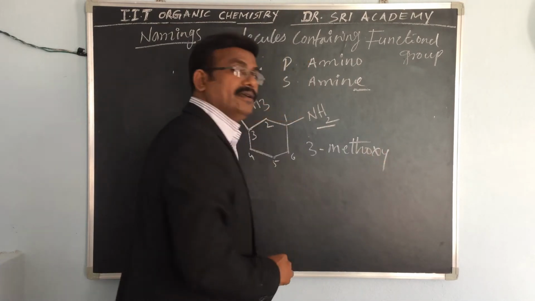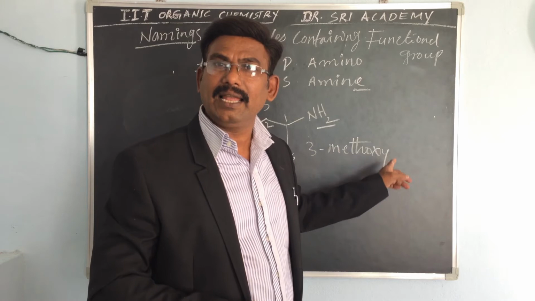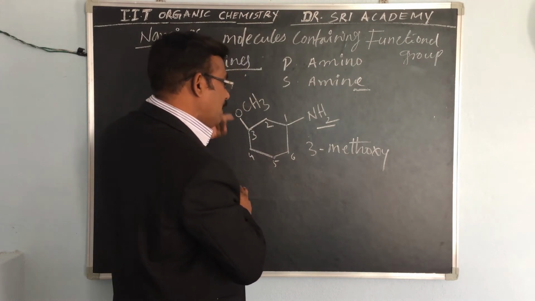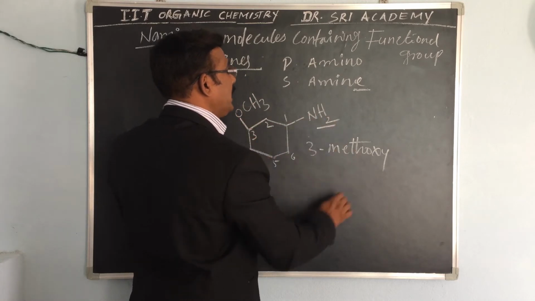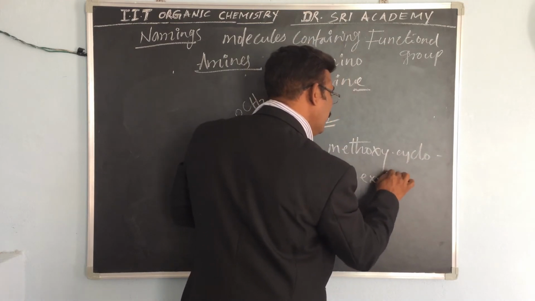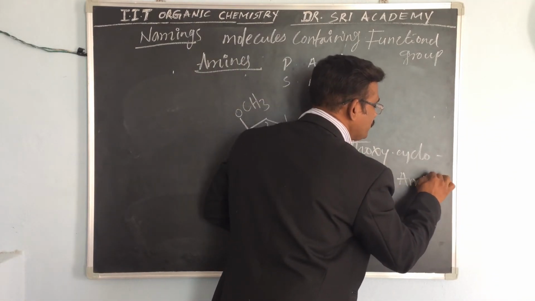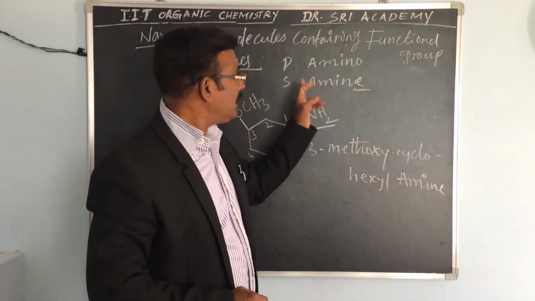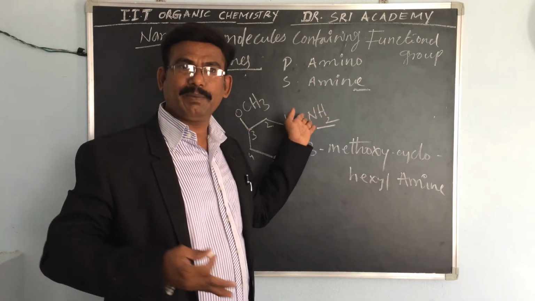3-methoxycyclohexylamine. Because, like I told you before, cyclohexyl is the substituent, and we are taking the suffix amine. The hexyl means like isopropyl, isomethyl, just like propyl.